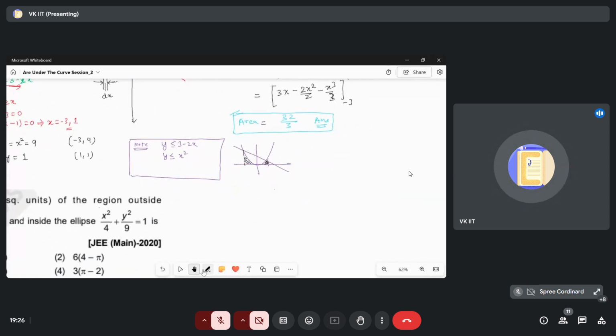But if they are not saying anything, then limits are already there, no? These points of intersection will be considered as the limits. Are you getting this? So the area will be lying below this one.